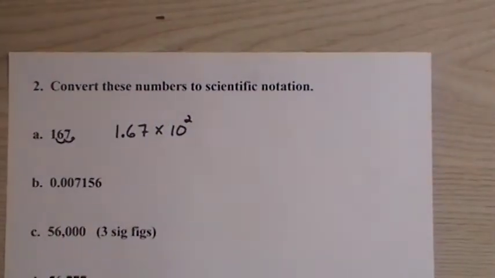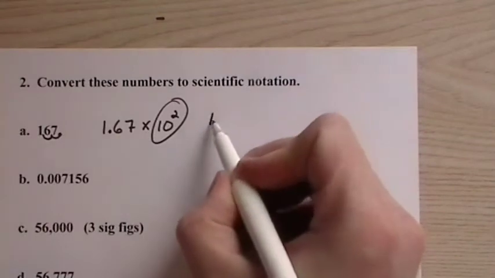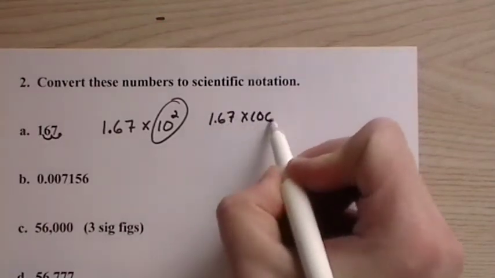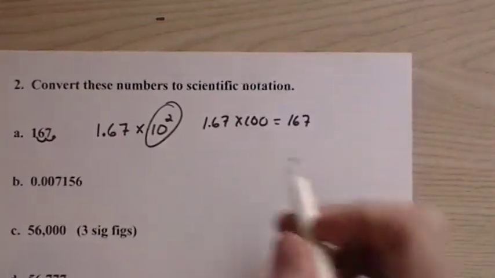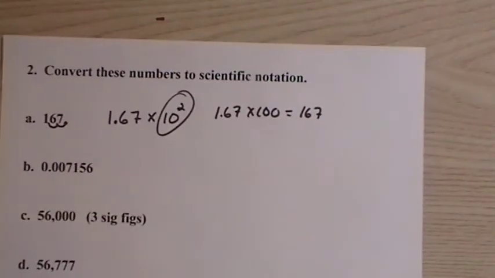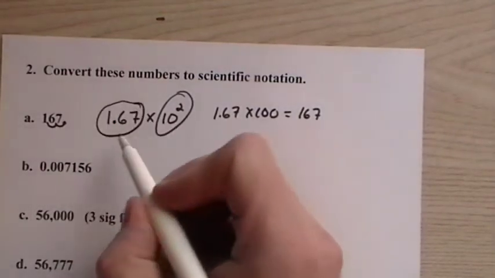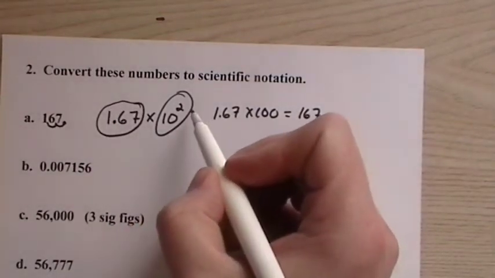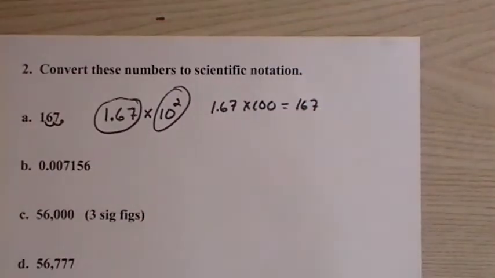But if you want to fully understand it, think of what this is. 10 to the 2 is 100. So 1.67 times 10 to the 2 is 167. So we're back to the original number. That's all we're doing. It's just taking a number that's always between 0 and 10, greater than 0, less than 10, and multiplying it by some power of 10.